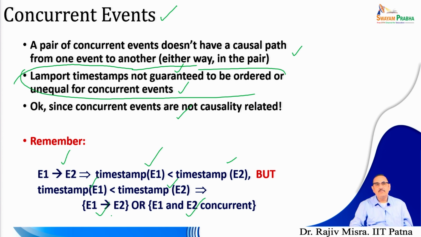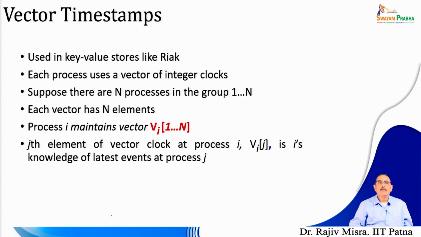So, by looking at the timestamp, we cannot infer whether they are causally related or not. This is the drawback of logical clocks: by seeing the timestamp, we will not be able to infer anything about that.